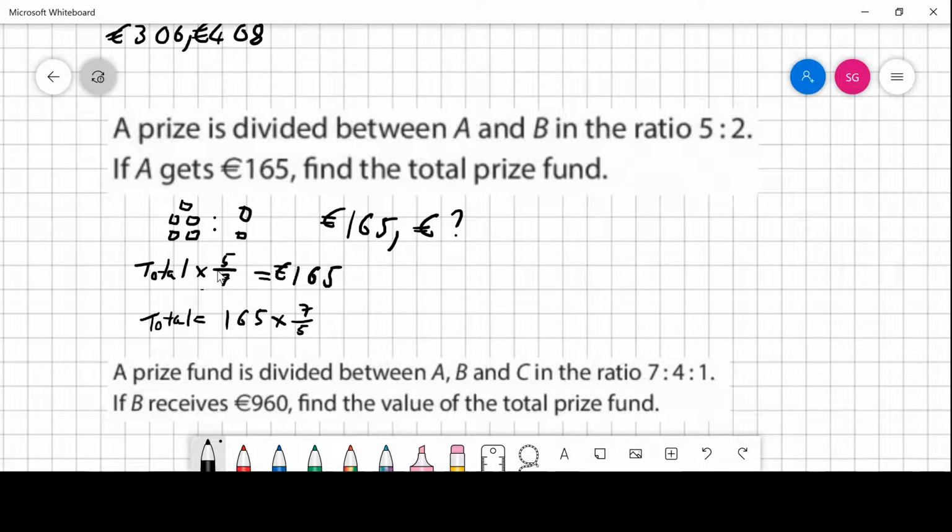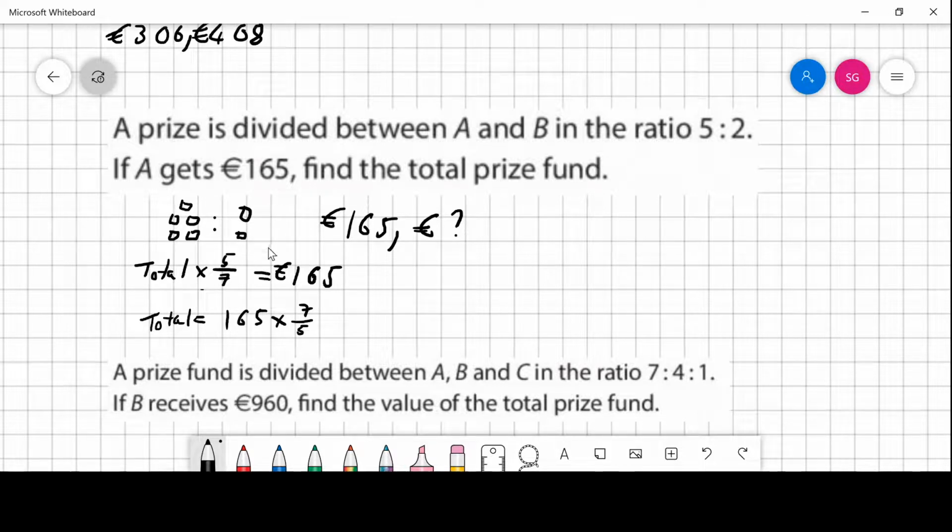So what we've done here is we've multiplied both parts of the equation by 7 and divided both parts of the equation by 5. Or we've just divided by 5 over 7 from both sides, and of course dividing by a fraction is the same as multiplying by its reciprocal.